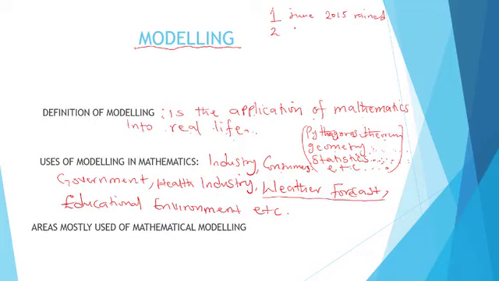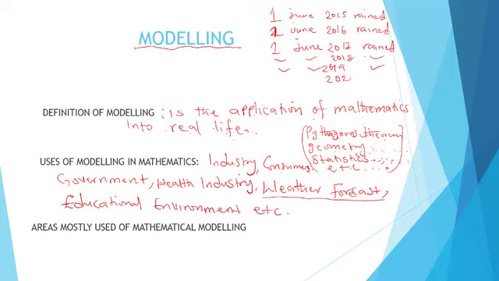On the 1st of June 2016, it also rained. 1st of June 2017, it rained. 1st of June 2018, it rained. Same thing, 1st of June 2019, it rained. The same thing in 2020, it rained. Now it will be clear for you to predict that on the first day of June 2021, it will rain.